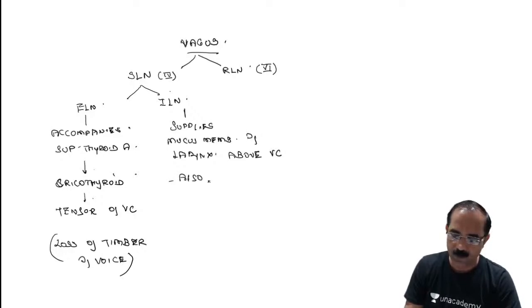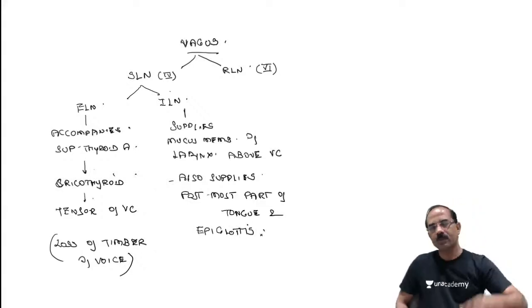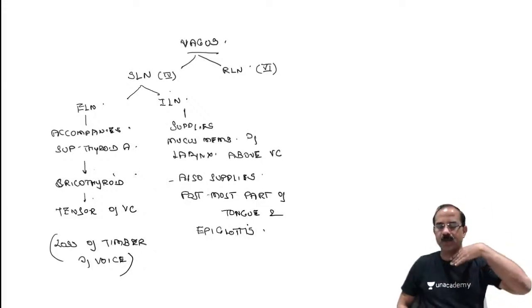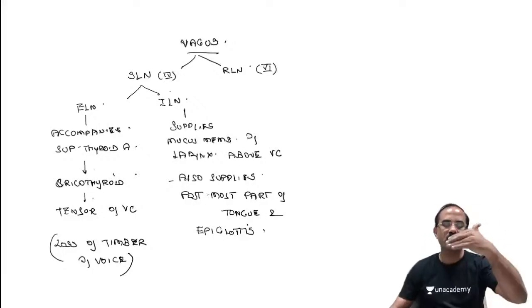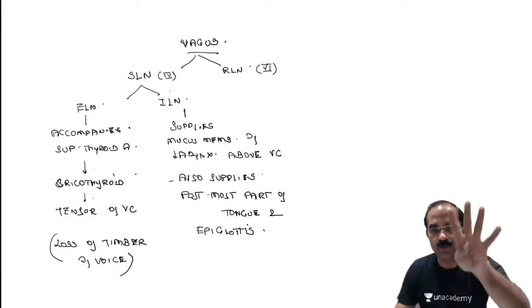It also supplies, just remember these flow charts, it also supplies the posterior most part of the tongue and epiglottis, because the posterior most part of the tongue and epiglottis is derived from fourth pharyngeal arch.